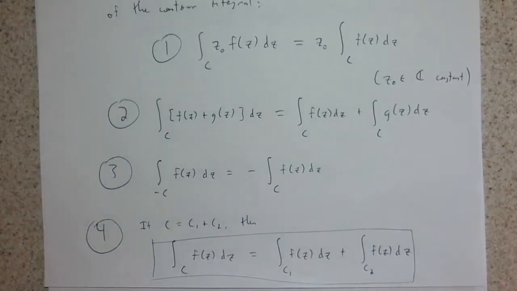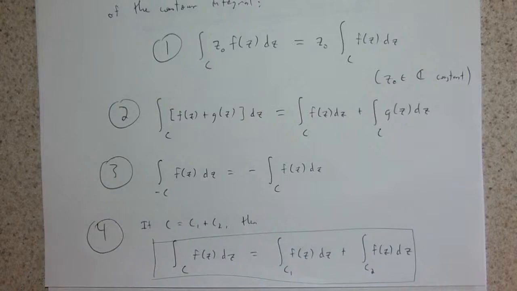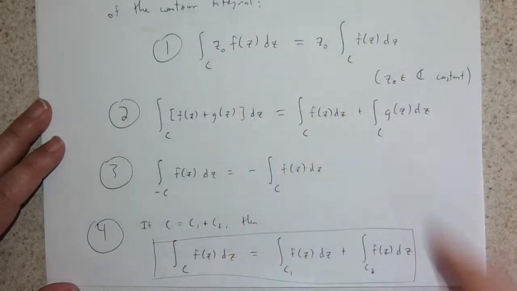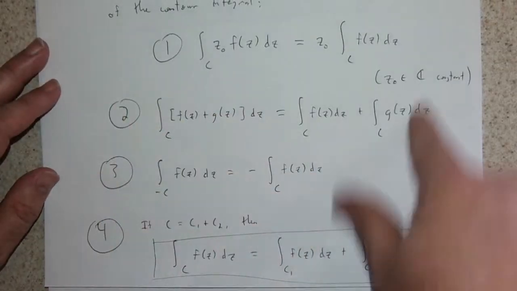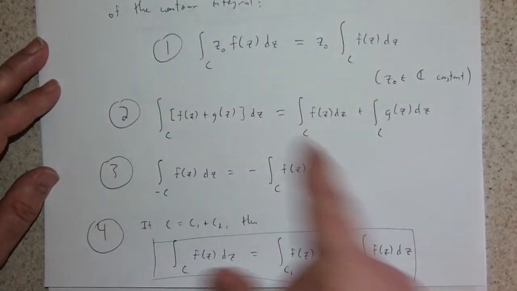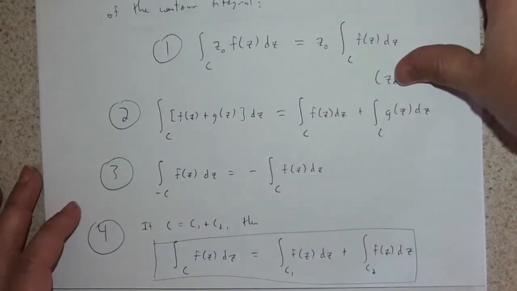I didn't prove them, but my hint on how to prove these, if you're interested, is that ultimately a contour integral is a Calc 1 integral, just a very specific one set up in a specific way. And so the reason that these hold is the same reason that these corresponding facts held for line integrals coming from Calc 3. You had all these facts in Calc 3 for line integrals, and so you get these things for contour integrals as well.